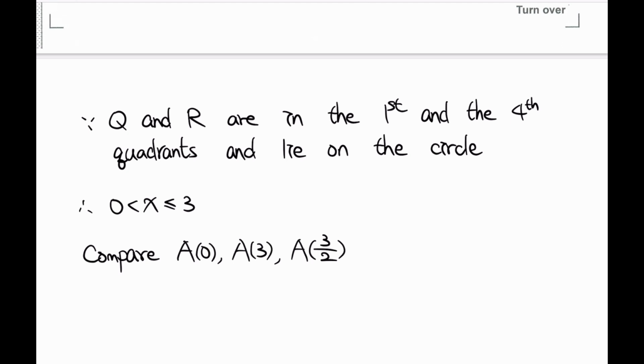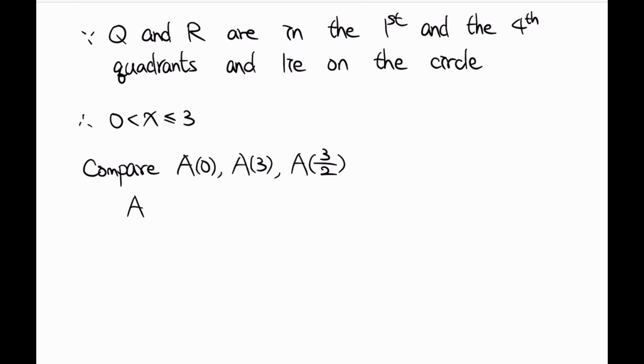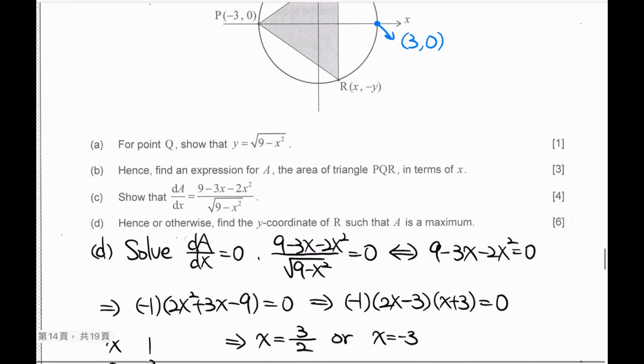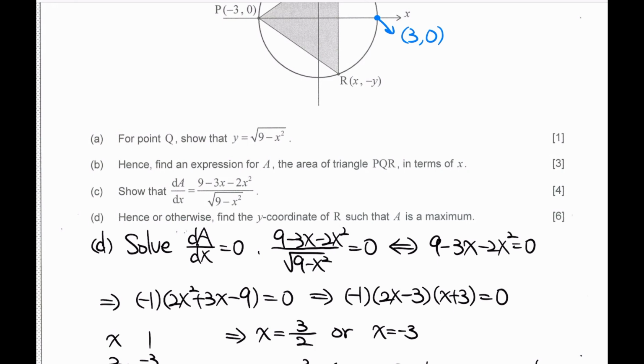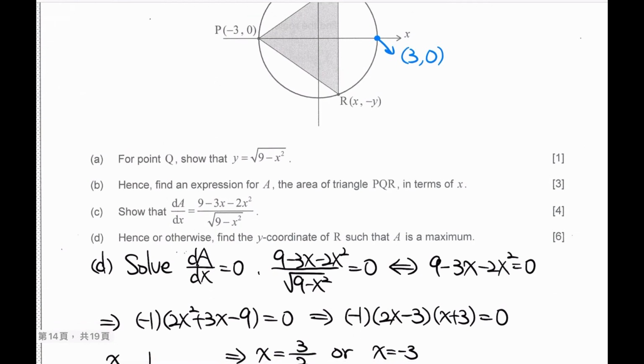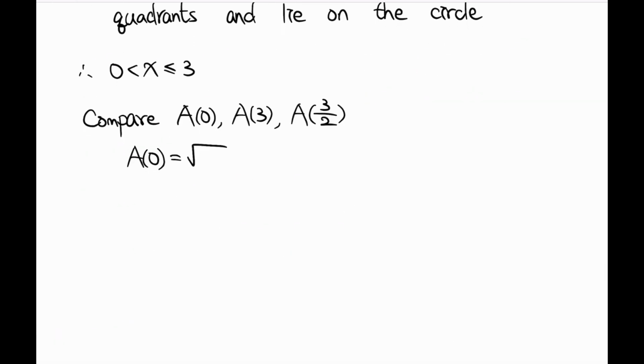From part B, we have calculated the expression for A. Let me recall it. A of x is equal to the square root of 9 minus x squared, times (x plus 3). So A of 0 is the square root of 9 minus 0, times 0 plus 3, which is 3 times 3, which is 9.